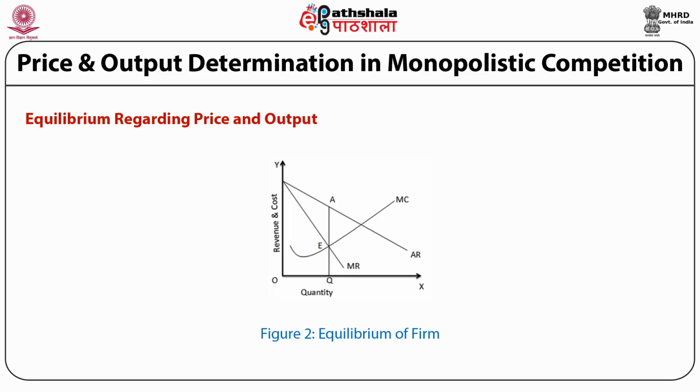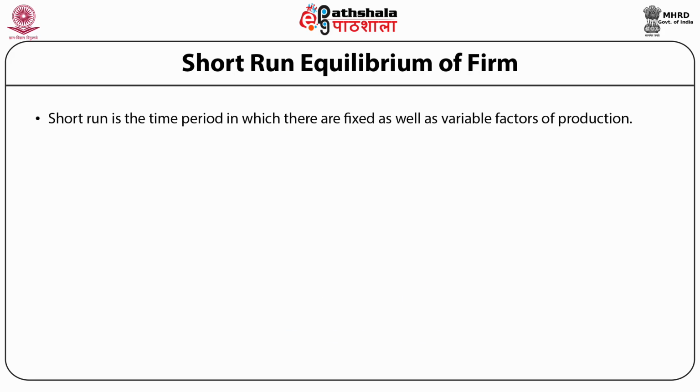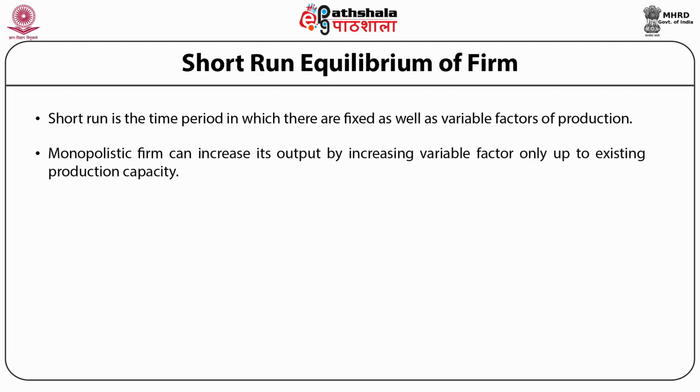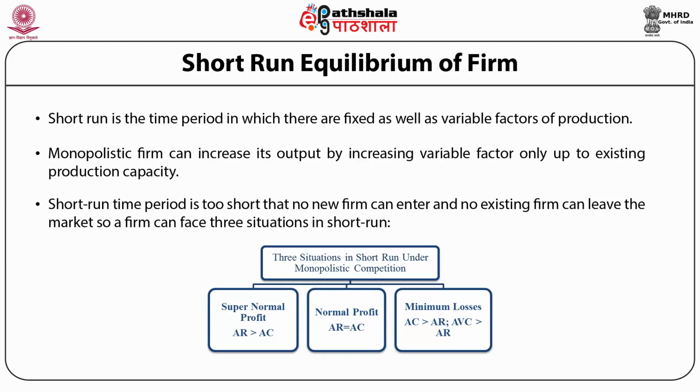We can discuss the equilibrium of a firm in the short run as well as the long run. Short run is the time period in which there are fixed as well as variable factors of production. A monopolistic firm can increase its output by increasing variable factors only up to the existing production capacity. The short run is so short that no new firm can enter and no existing firm can leave the market.